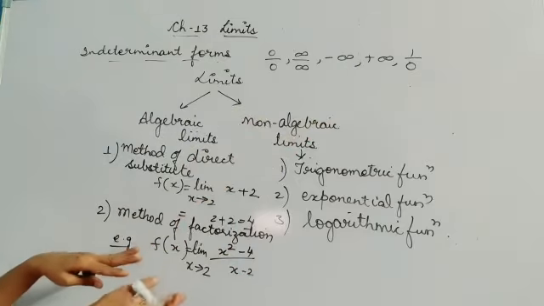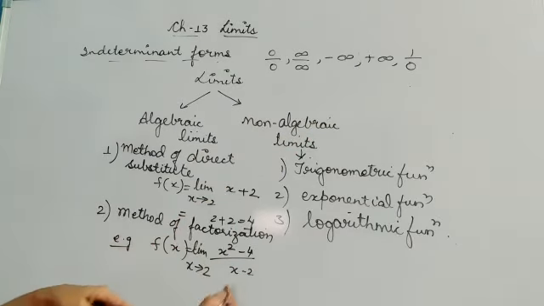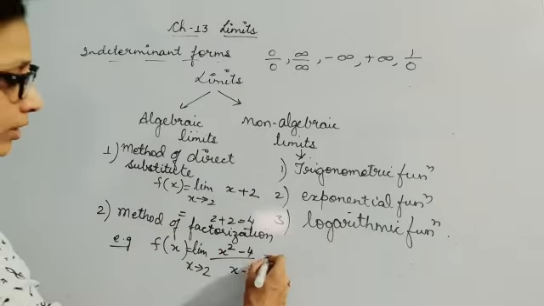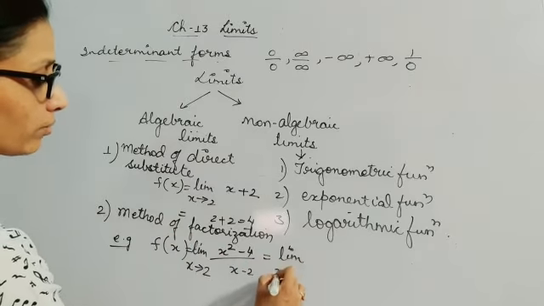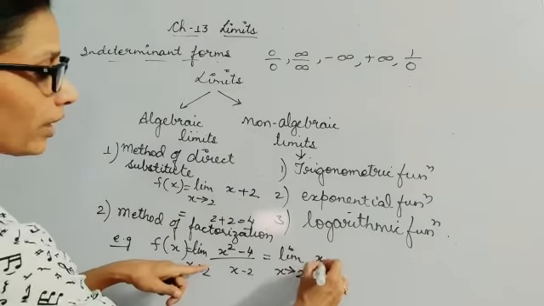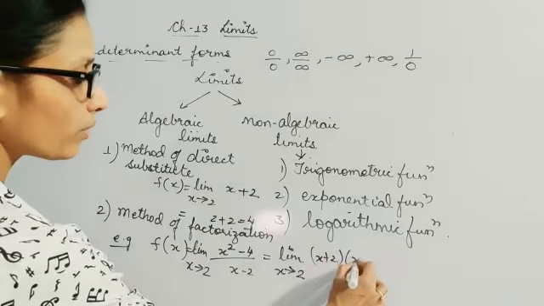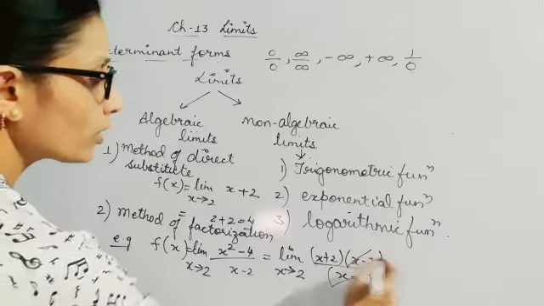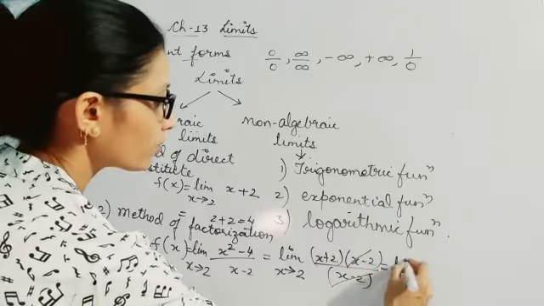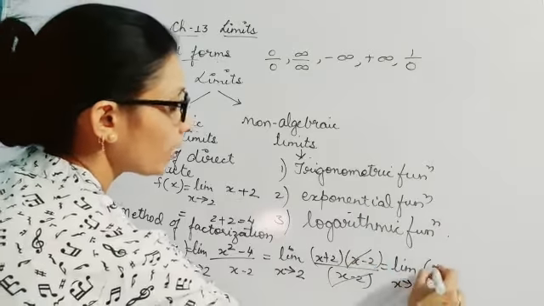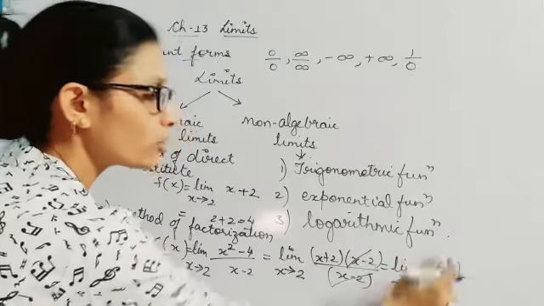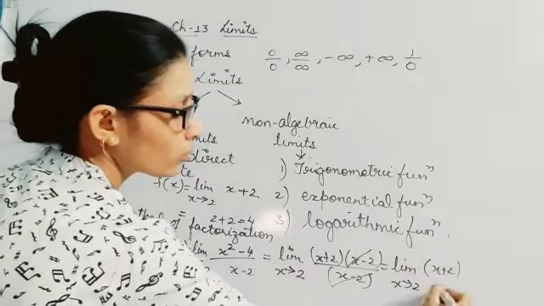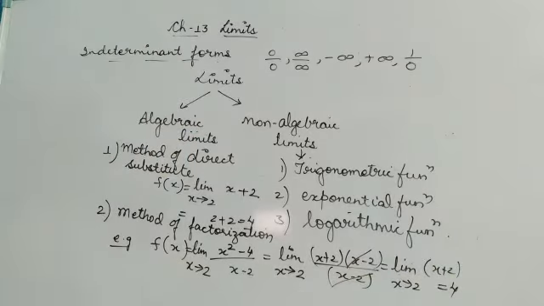So I have to change my question into some other form. I will be factorizing it. I can write it as limit x tends to 2, x plus 2 and x minus 2 upon x minus 2. Here x minus 2 and x minus 2 cancel. So I'll be just left with limit x tends to 2, x plus 2. Now I can substitute the value of x as 2, and I'll get my answer as 4.